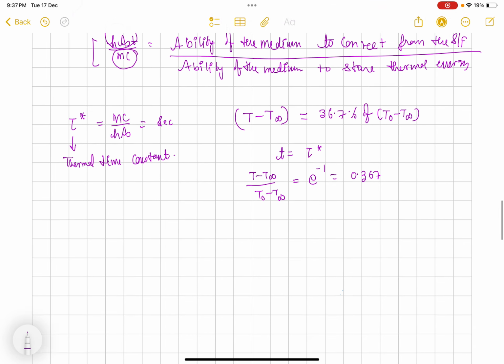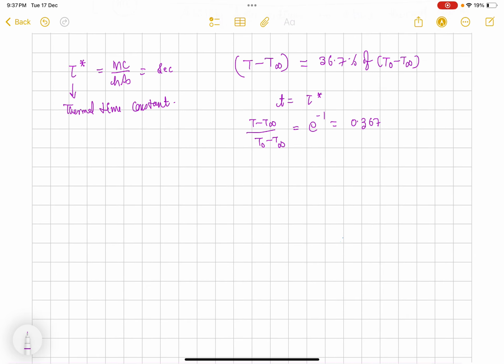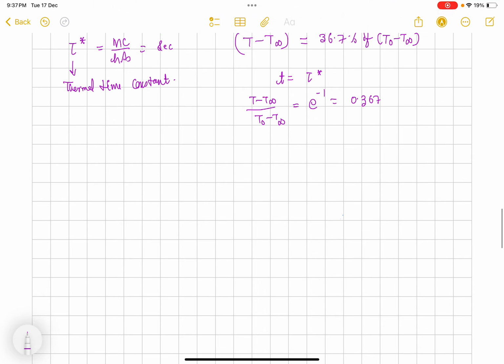So for the body to respond faster thermally, we want this time constant to be as low as possible.